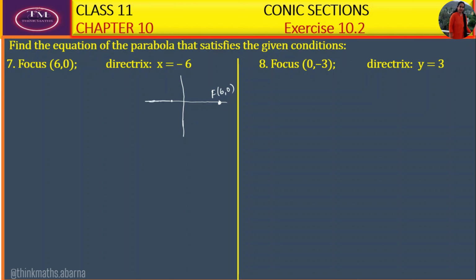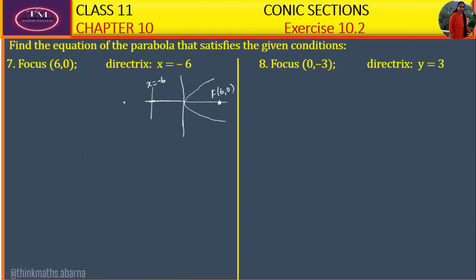This is the negative side of x-axis. Directrix is here, x is equal to minus 6. Okay. So that means focus is on x-axis and the directrix on the negative side of x-axis means the parabola will be on the positive side of x-axis. Okay. So the parabola will be facing right side.